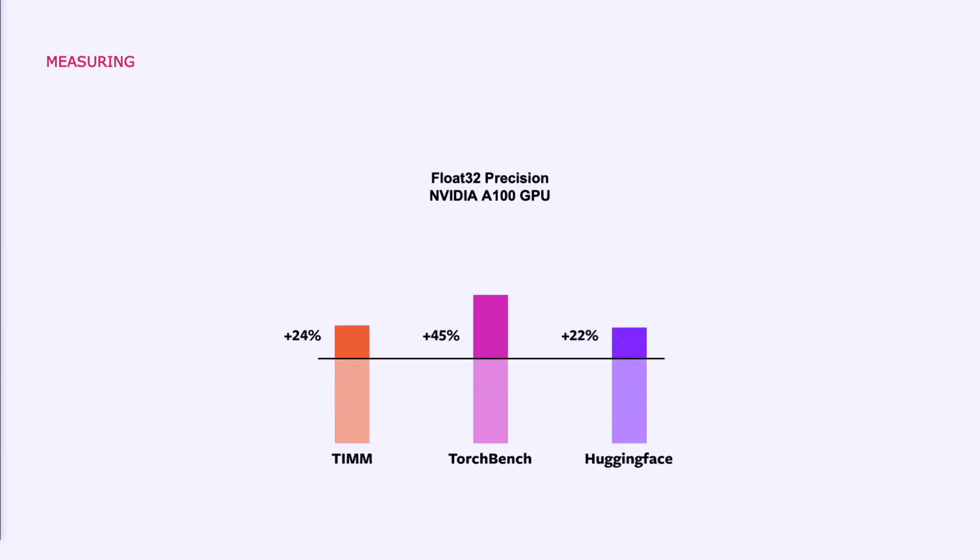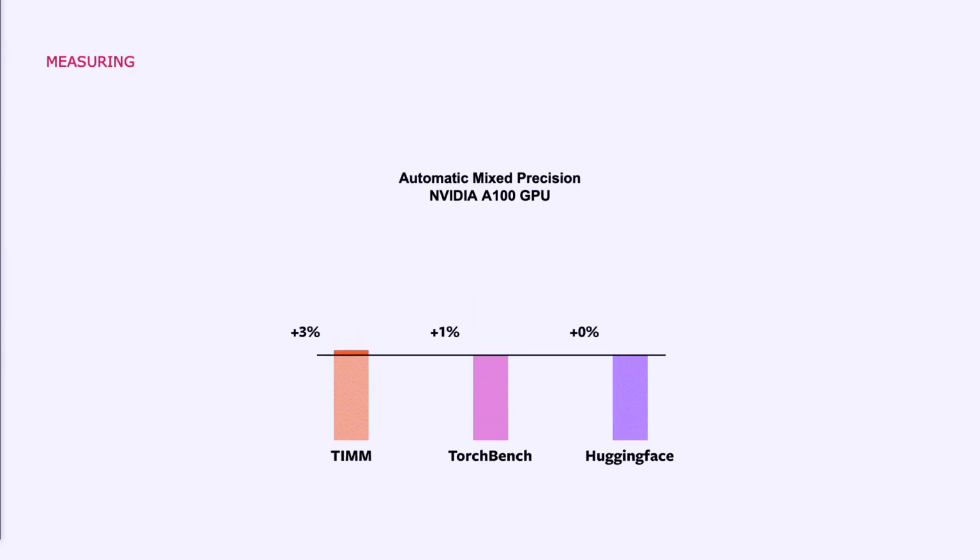On float 32 precision, as of today, we get 24% speedups on TIMM, 45% on TorchBench, and 22% on Hugging Face. Out of the box: you just wrap your model, and it just works. And on AMP precision, this gets way crazier.